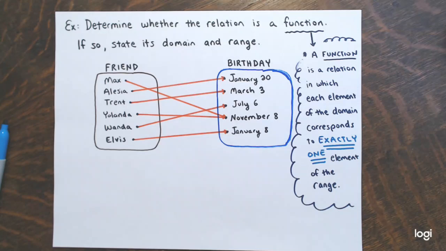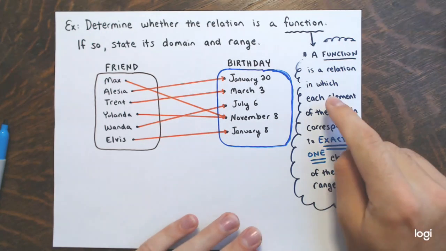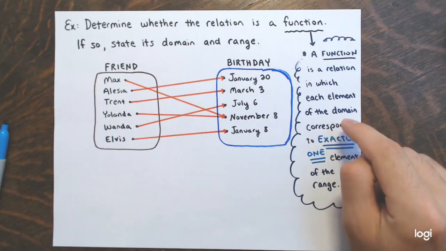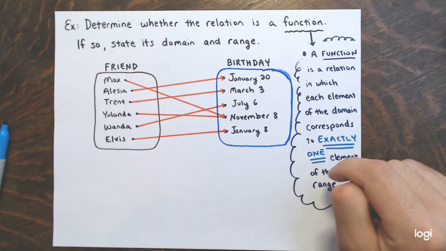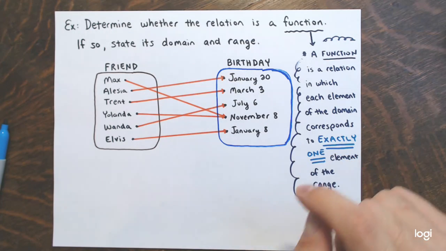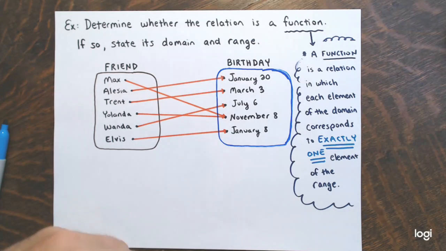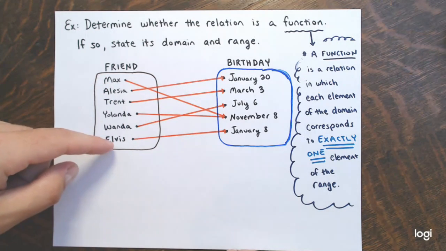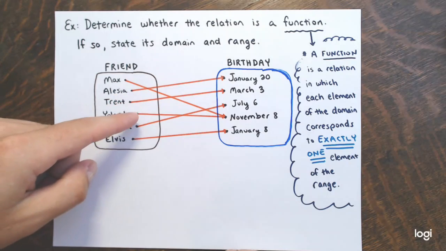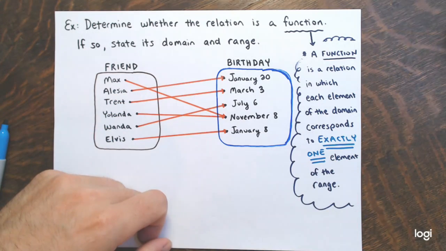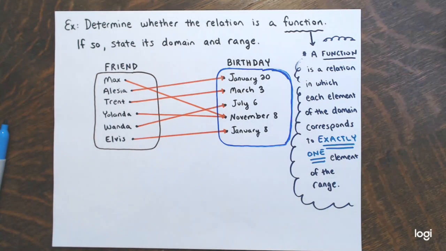Alright, so let's see if this definition is satisfied. Each element of the domain, each input, corresponds to exactly one element of the range, goes to one output. So in a mapping, what that means is every element in the first set has exactly one arrow coming off of it. I'll write that out.